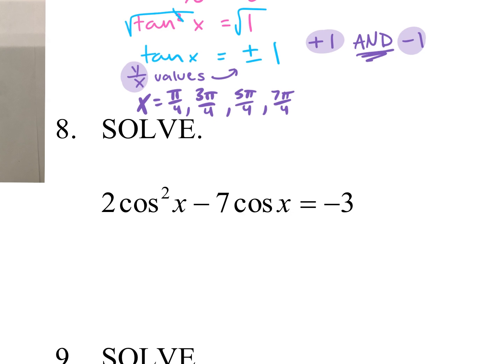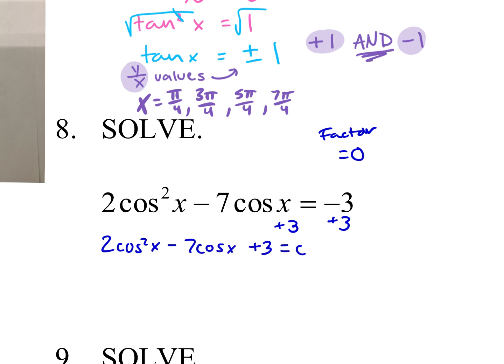For number 8, we see that we have a term that is squared and not squared, so we're going to have to factor. So I need it to be equal to 0 in order to factor. So I'm going to add 3 to both sides. So 2 cosine squared minus 7 cosine plus 3 is equal to 0.